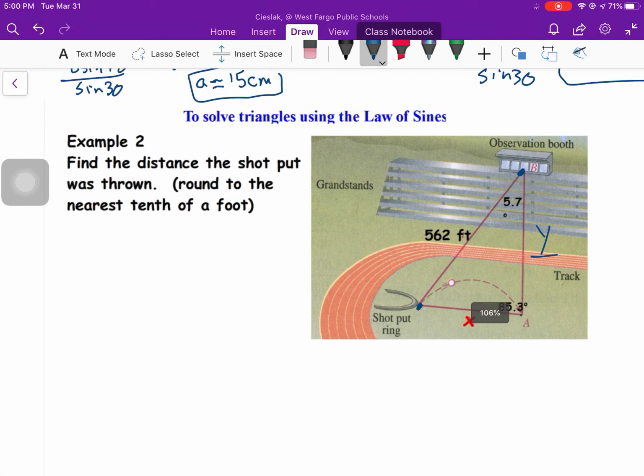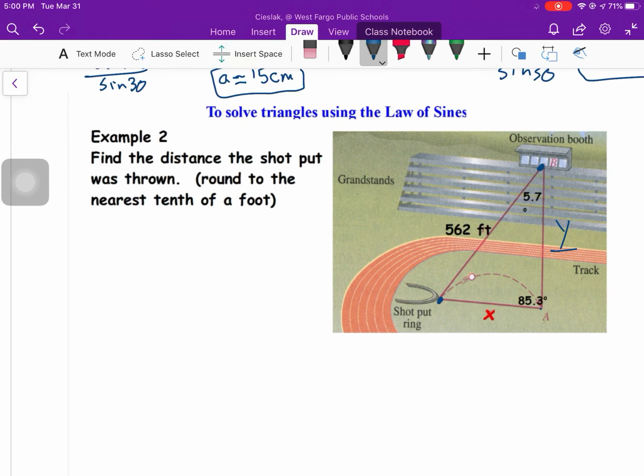Okay, so if I were to do law of sines here, because I know this angle and its opposite, I can say sine of 85.3 over 562 is equal to the sine of, what is it, 5.7? Yep, so sine of 5.7 over x.